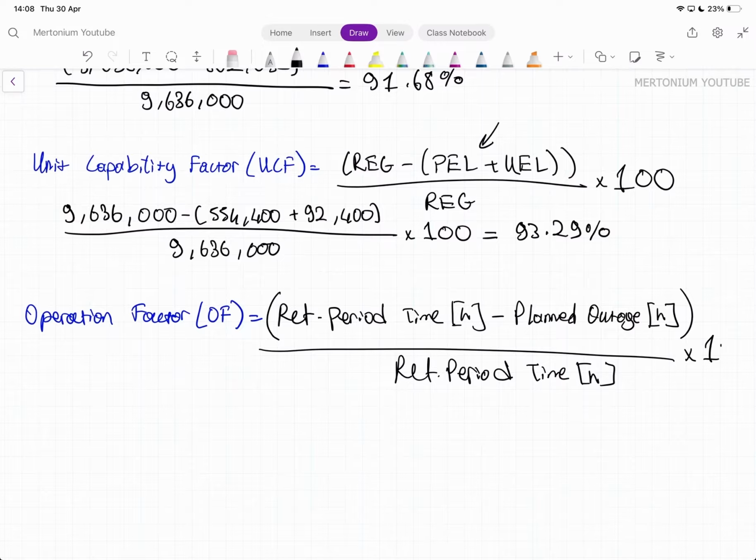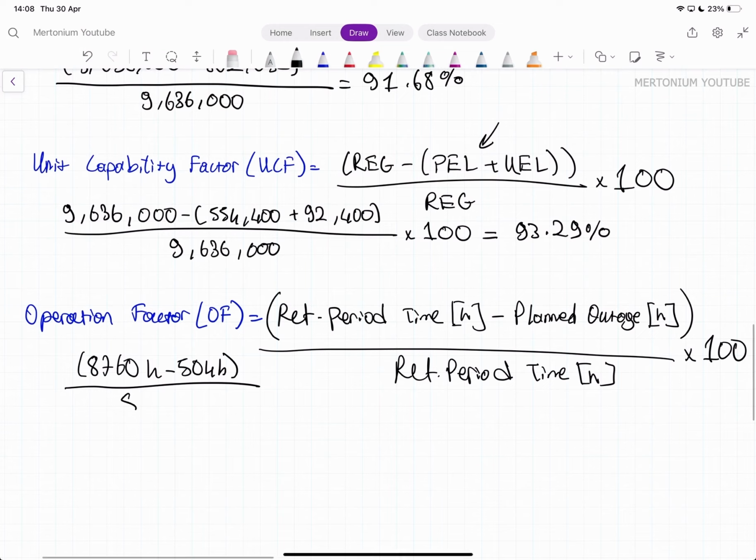Times 100. So let's plug in the numbers. 8,760 hours minus 504 hours for the planned outage that we already knew, and 8,750 hours gives us 94.25%.